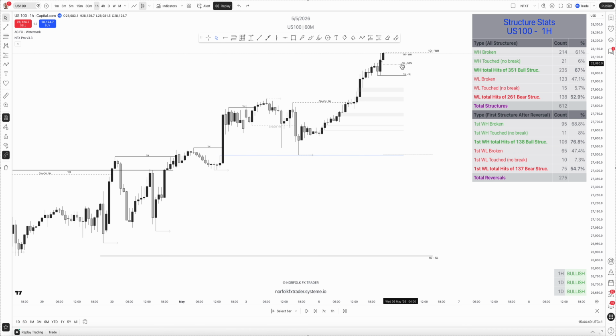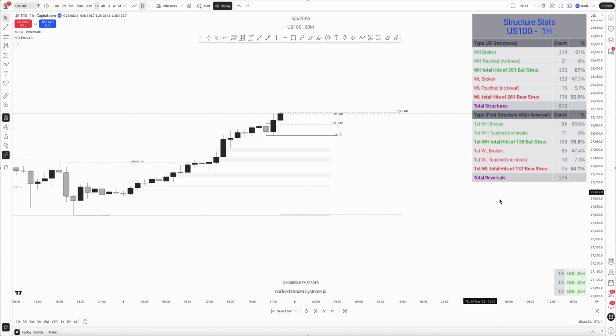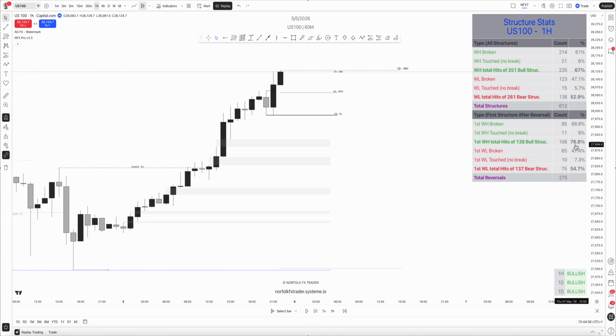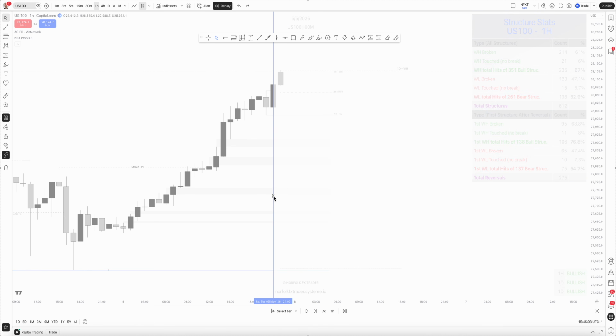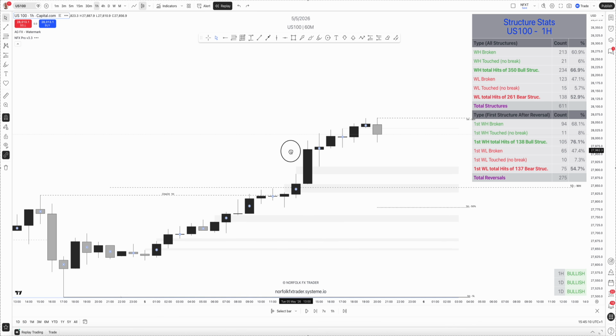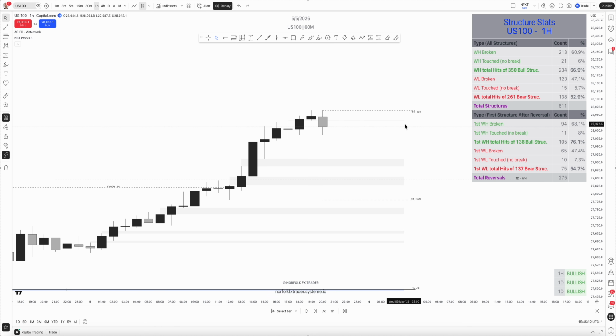Now, unfortunately, it did create a week high, but instantly we ran it. And that's where that high 76.8% came in, because what had happened was we created the high here. And if you didn't see it, because it was quick, let me just bring it back to that candle. When we see this candle close down, there's our weak high.